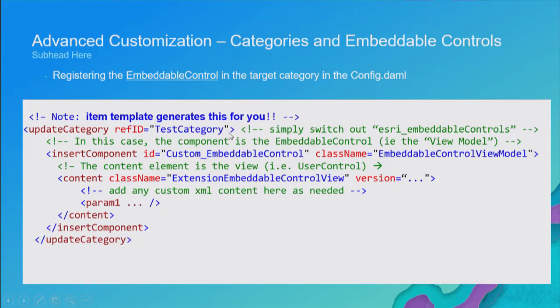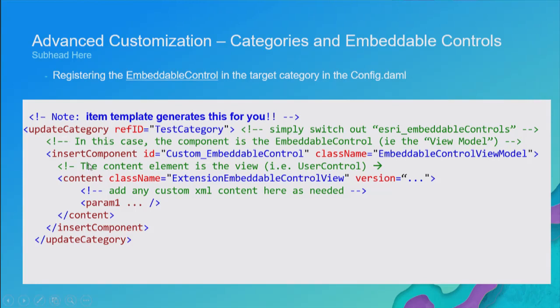Basically, map tools and embeddable controls are working through the same mechanism that we're teaching you here. That's how a map tool discovers if it has any UI associated with it. Sometimes it might not. It's using categories. In fact, categories are used pretty extensively by Pro.